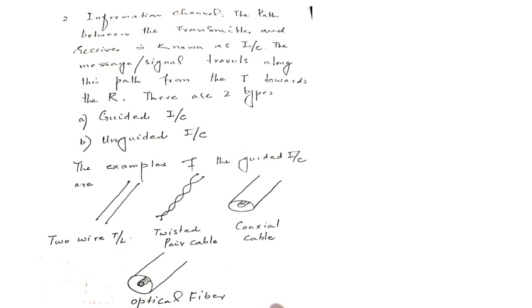Whenever the signal travels in the information channel from one place to another place, the attenuation of the signal takes place. The energy of the signal reduces with respect to the distance traveled by the signal. This phenomenon is known as attenuation. And we need to take care of the attenuation as well, because there is a term which is known as the sensitivity of the receiver.